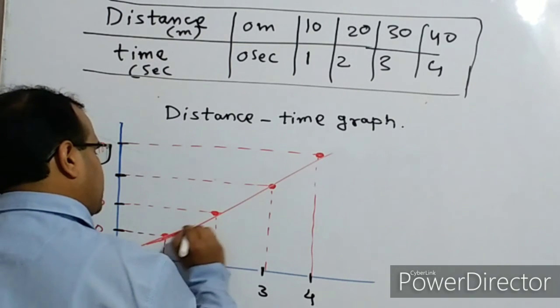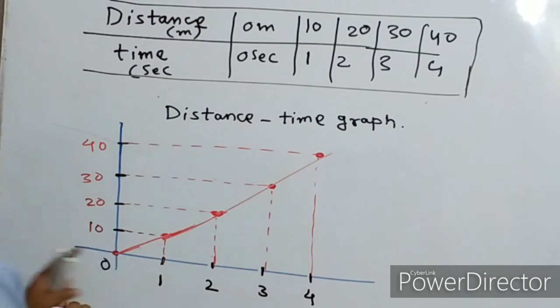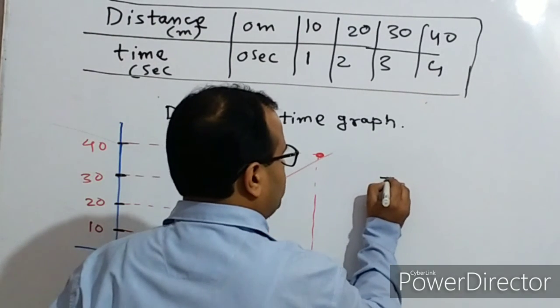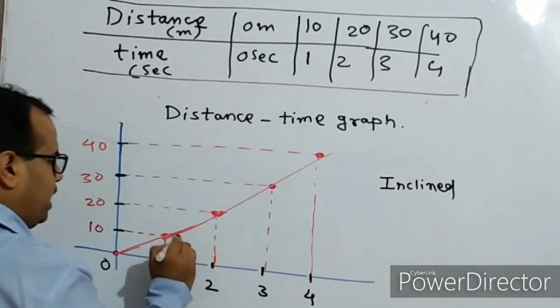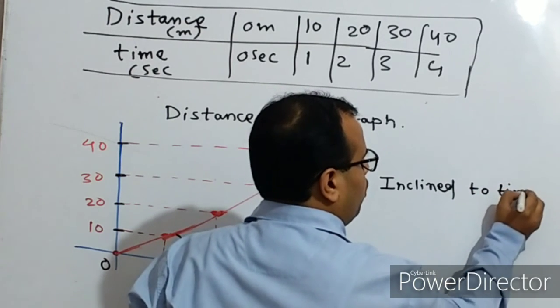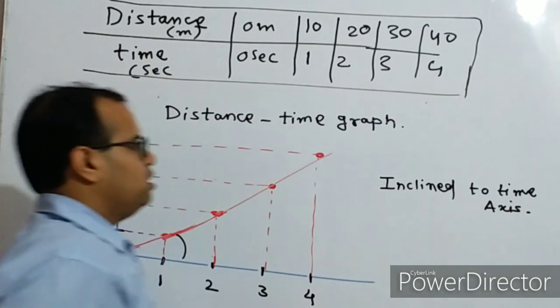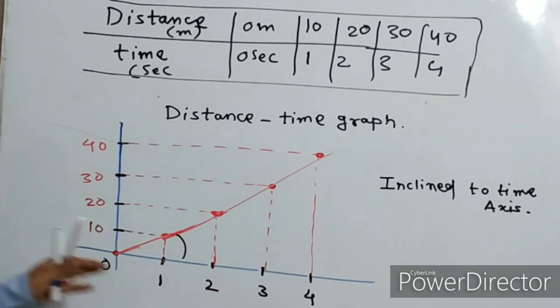So if the distance time graph is a straight line inclined to the time axis, inclined means it is at some angle, then it represents uniform motion. And because it is a straight line, that's why it represents uniform motion. I hope it is clear to you. Thank you.